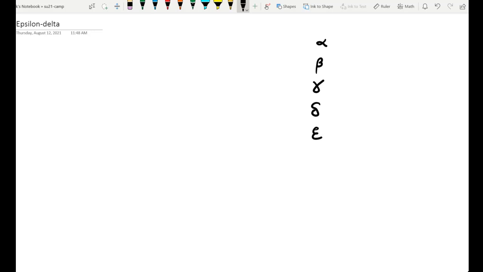If you'd like the corresponding Roman letters, alpha is A, beta is B, I don't know about gamma, maybe C. Delta is like D, epsilon is like E. Now, if anybody's joining some kind of Greek life thing, you'll probably know these.